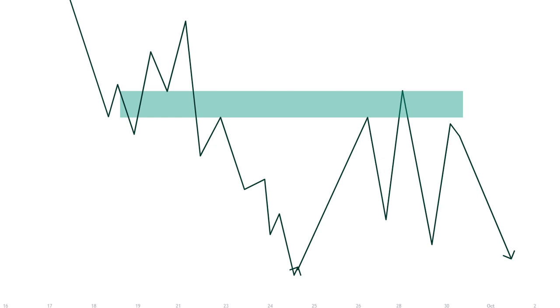But if the setup is forming on a failed Quasimodo, one that didn't play out the first time, but is now acting as a solid support or resistance zone, that's when my confidence shoots up. Because what I've noticed after hours of backtesting is that these are the Quasimodo setups that have the highest probability of holding.